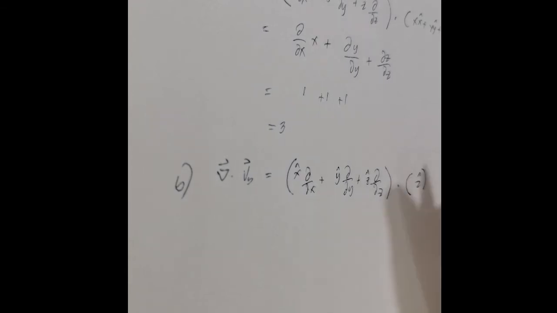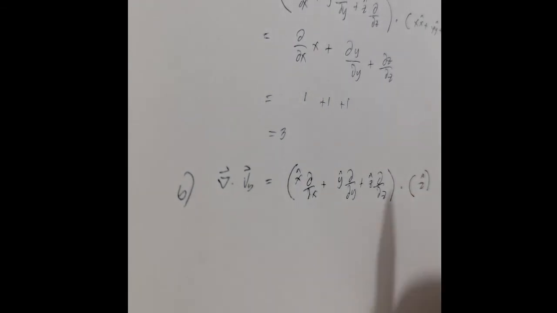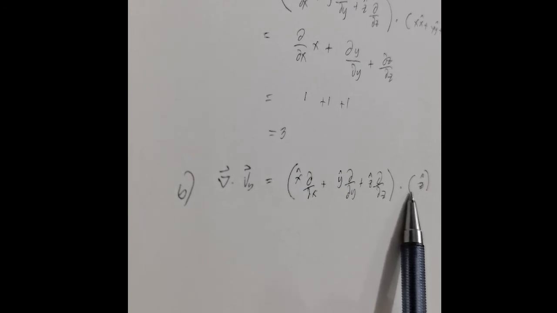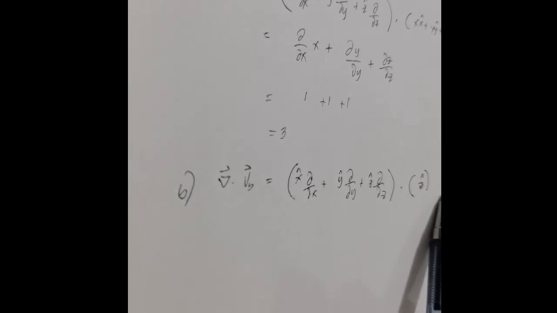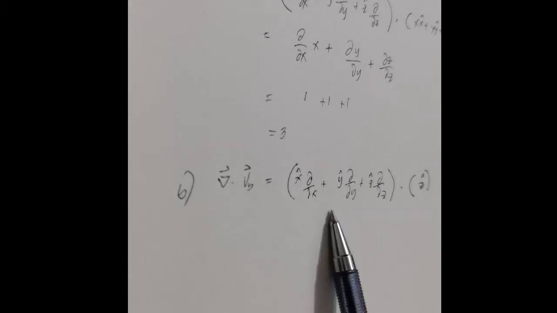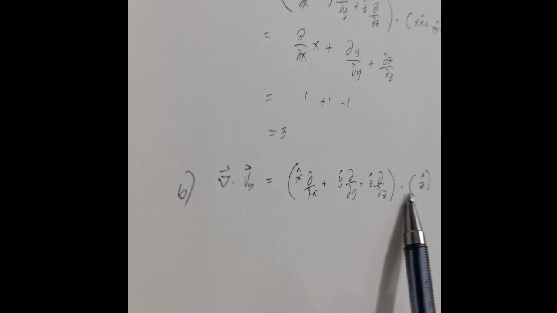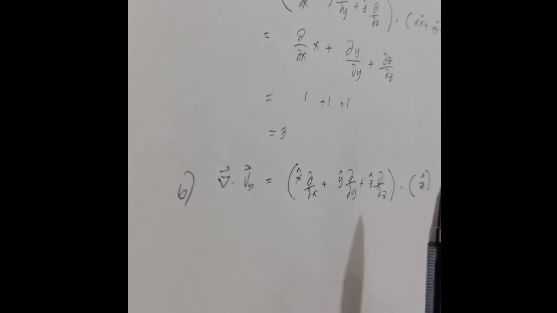For VB, it's just the z hat. Since only the z hat is present, with no x hat and y hat components, multiplying those gives 0. You're only left with partial of z.